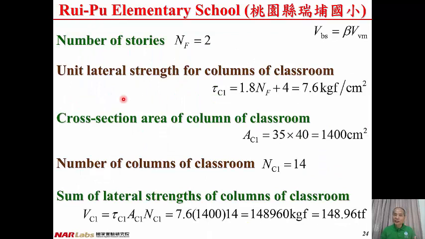Then we can calculate the unit lateral strength for column of classroom. Tau C1 equal to 1.8 NF plus 4, equal to 1.8 times 2 plus 4 equal to 7.6 kgf per cm square.